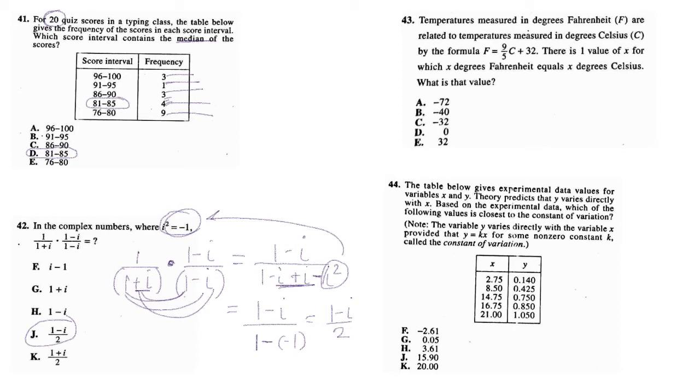The table gives experimental data, values for variables x and y. Theory predicts that y varies directly with x, so that means just y equals kx. Based on the experimental data, which of the following values is closest to the constant of variation?